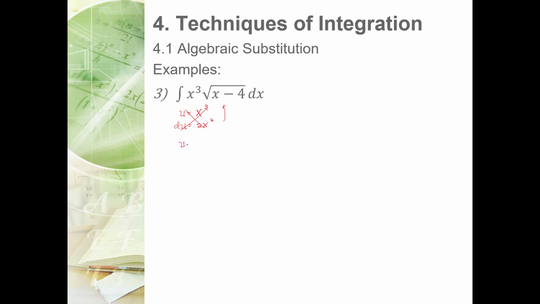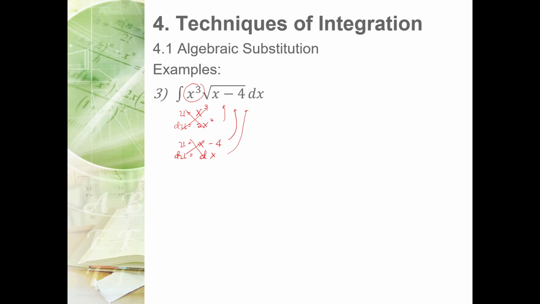So let's try expressing it with another term. So x minus 4, then du is equal to dx. So notice that we can replace this one with u, we can replace this one with du, but there's an x cube left in the expression.